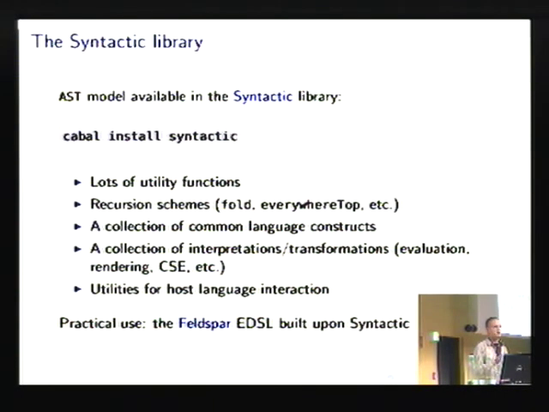But at least the core part with the AST type and the functions around that part is quite stable now. And as a practical use case, we have the Feldspar DSL, which you've heard mentioned a few times, which is now implemented using Syntactic. So Feldspar is a language for high-performance numeric computations. And there's also a toy implementation of Feldspar included in Syntactic, which you can have a look at if you want to know more about how to use Syntactic.